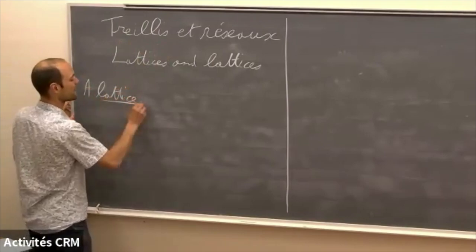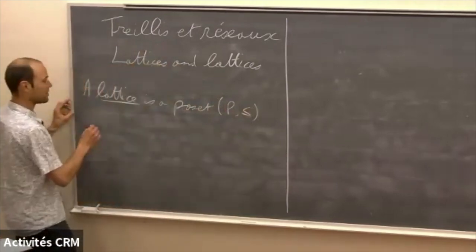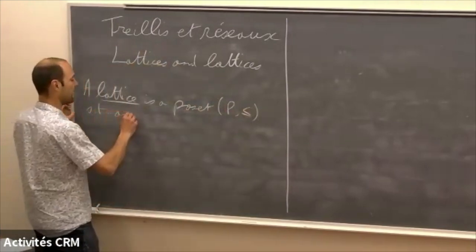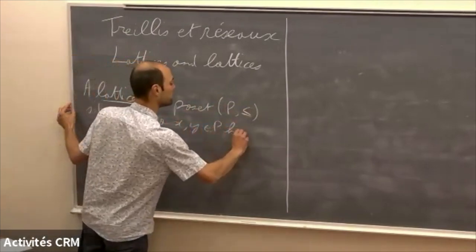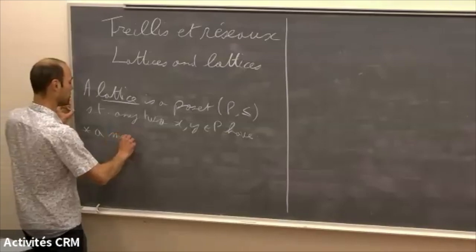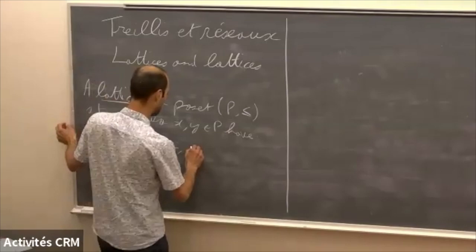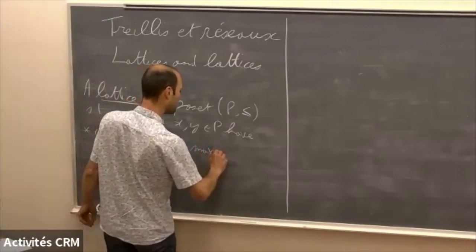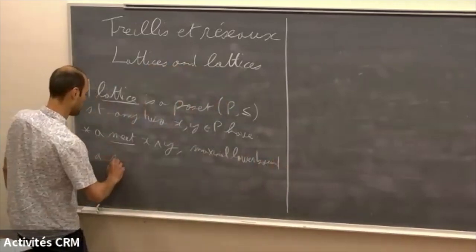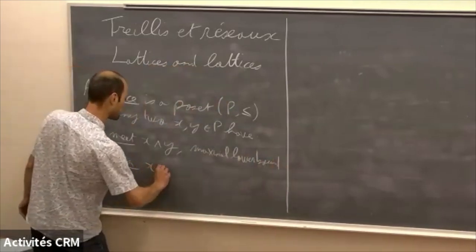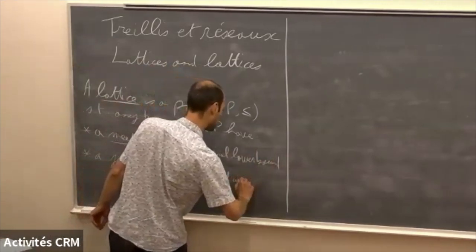A lattice is a poset, a partially ordered set, such that any two elements x, y in P have a meet, denoted x ∧ y, which is a maximal lower bound, and a join, denoted x ∨ y, which is a minimal upper bound.